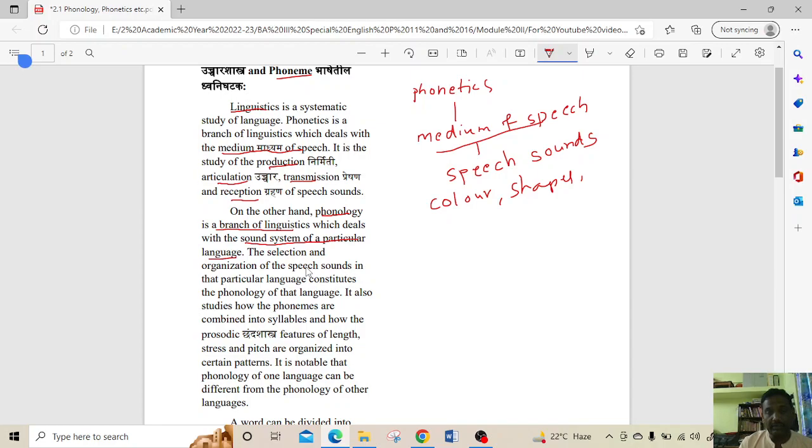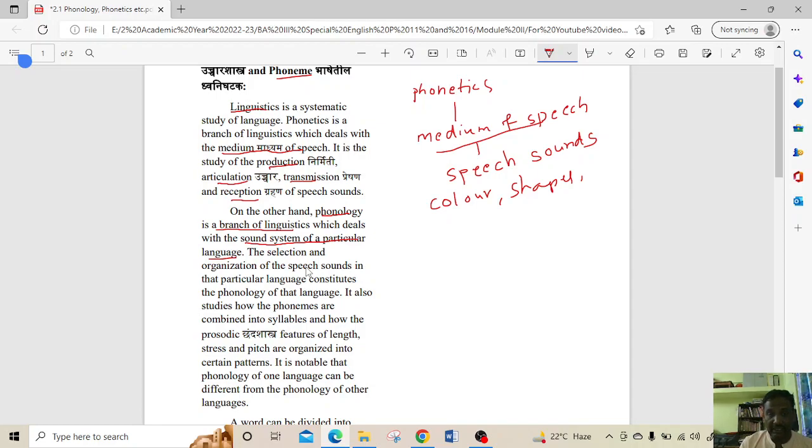For example, the sound system of the English language, the sound system of the Marathi language. When you study the sound system of a particular language, then you study the phonology of that language.